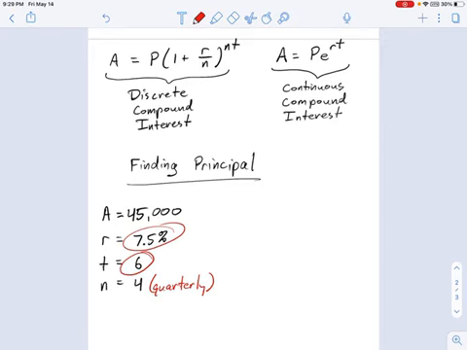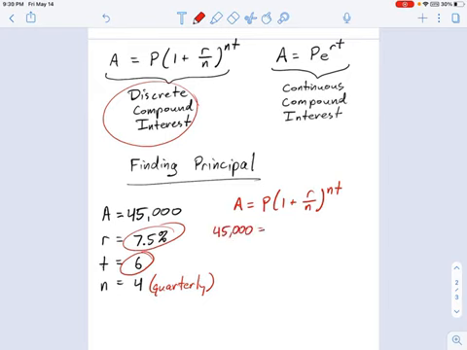So let's use the discrete compound interest formula first. Let's just write it down here. A equals P times (1 plus R over N) to the NT. And let's say A is $45,000, and P, we don't know.